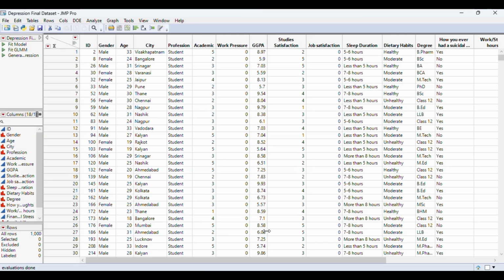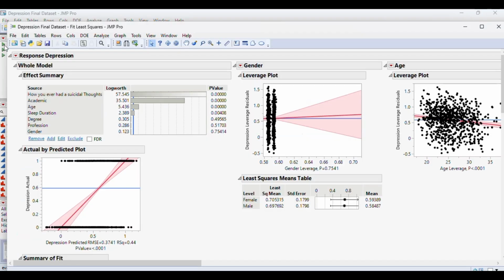So first of all, we move to the fit model, which includes the regression and other things. For the response of depression, we got the output you can see here.